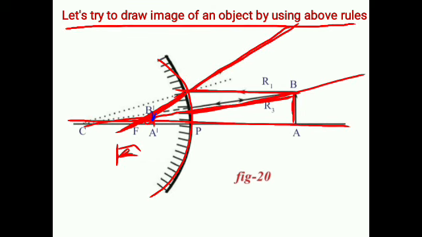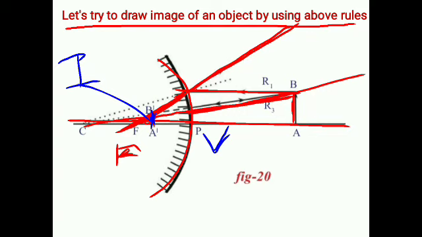And here we have to draw an arrow mark. This arrow mark will give the image of the object, and here the image is a virtual image.